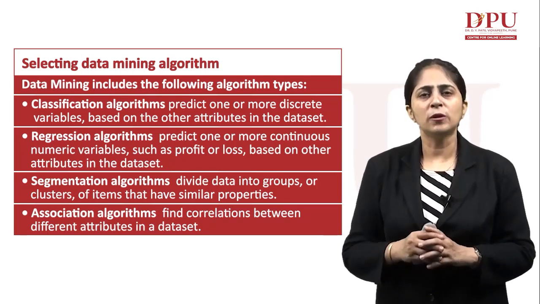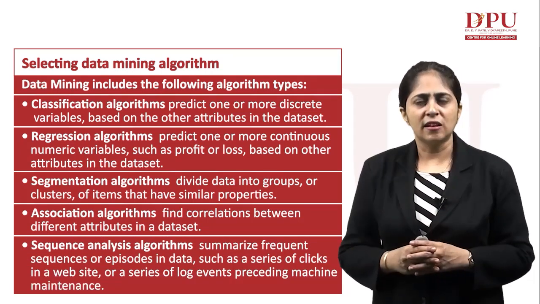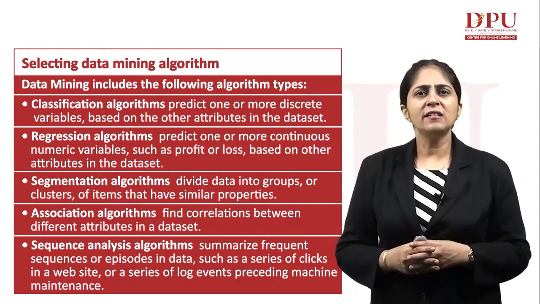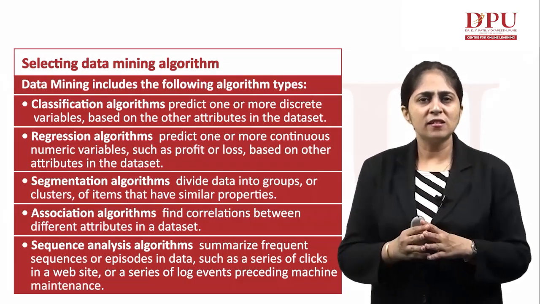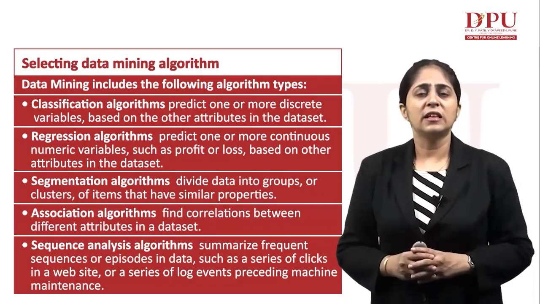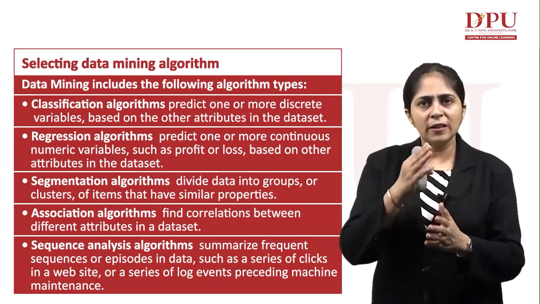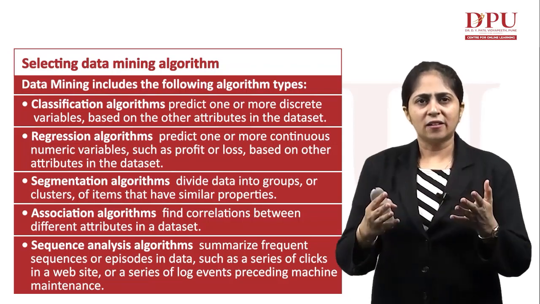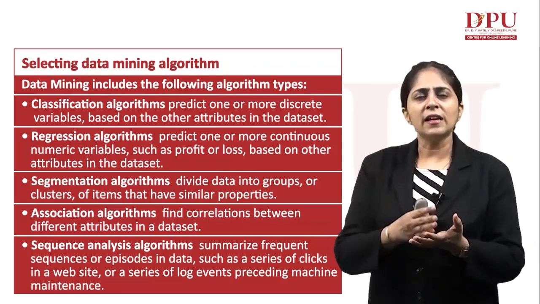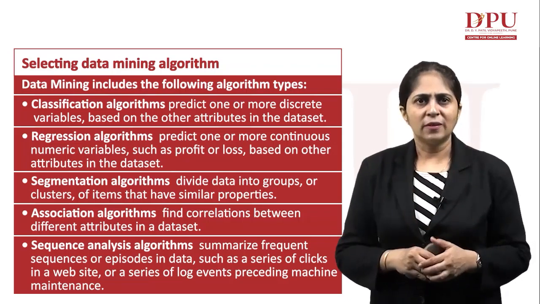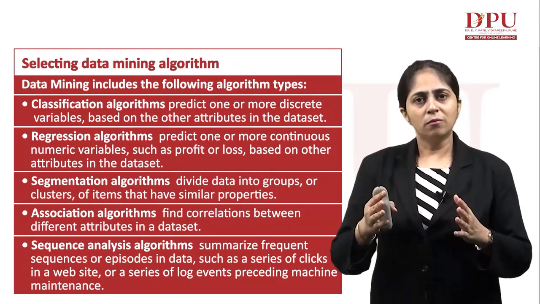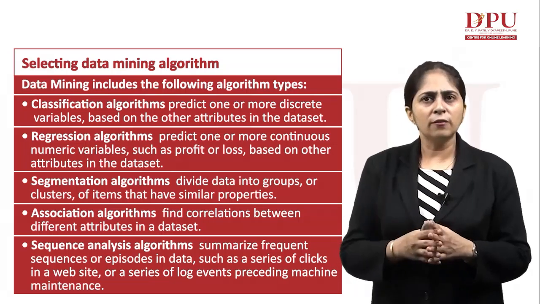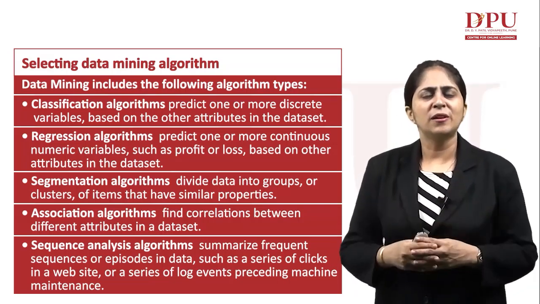Talking about the fifth one, which is the sequence analysis algorithm. It will summarize the sequences or episodes in data. What do we mean by frequent sequences? Like a series of clicks on a website. That is an example of the sequence analysis algorithm. Or a series of log events preceding machine maintenance.